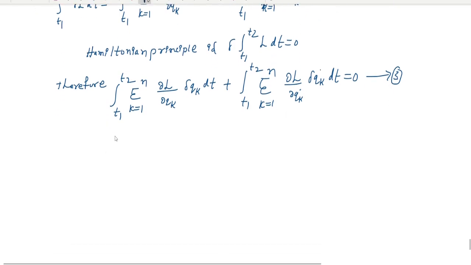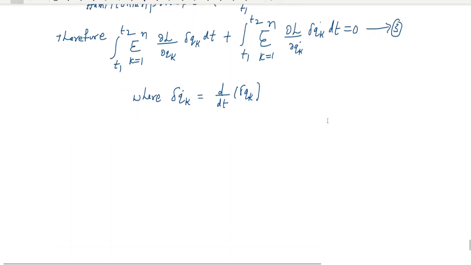And one more relation I'm going to write here, where the variation of velocity, delta q dot k, equals d by dt of delta qk, right? So in equation 3, if you look at the second term on the left hand side, we're going to get this.